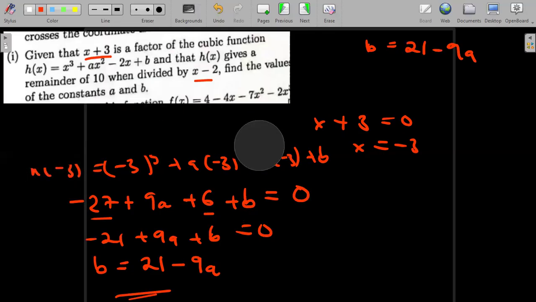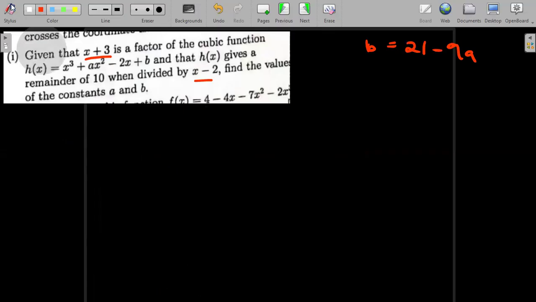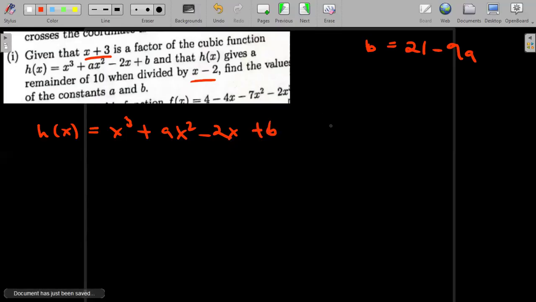I will follow the other statement which has been given. So the other statement is, in this same function, when it's divided by x minus 2, it leaves a remainder of 10. So h of x, x cubed plus ax squared minus 2x plus b. Here, x minus 2 equals 0, and you have x equal to 2.